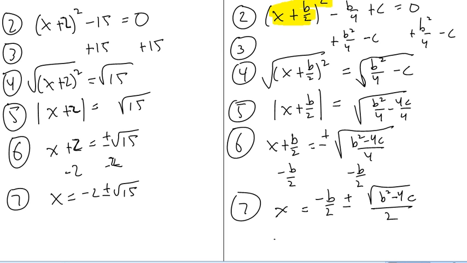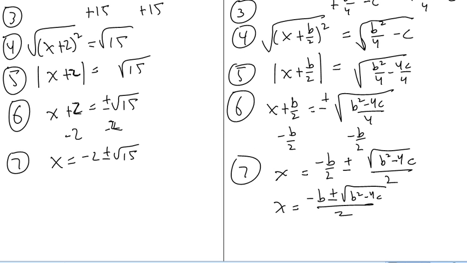And now I've still got a common denominator, so I get x equals negative b plus or minus the square root of b squared minus 4c all over 2. Okay, so notice, if I ever have an equation, x squared plus bx plus c equals 0, then that'll be the solution.